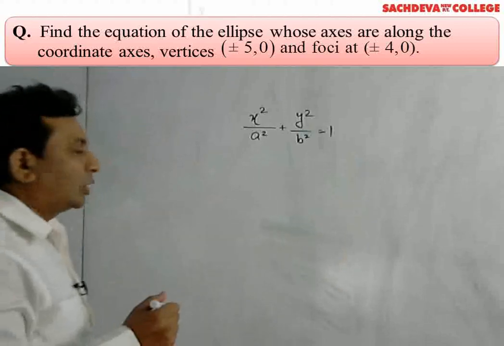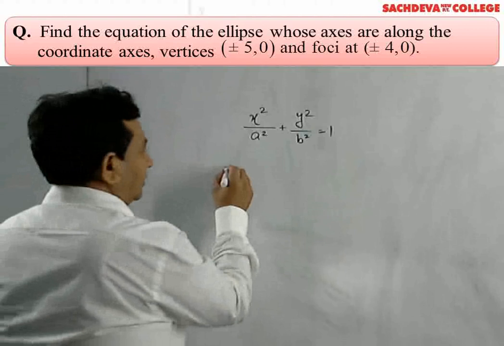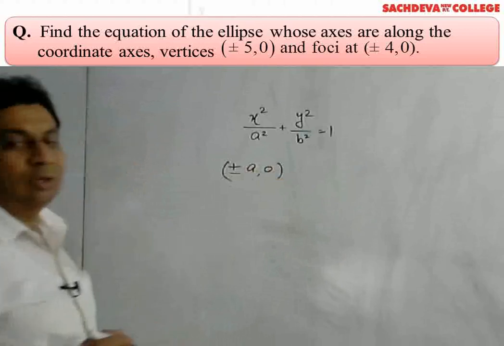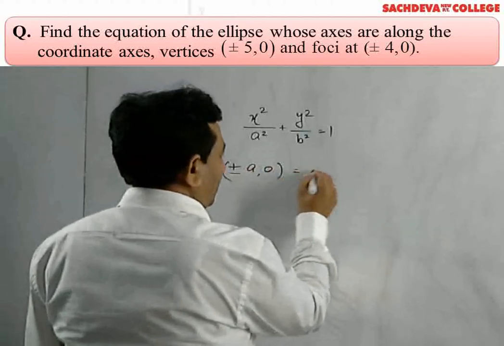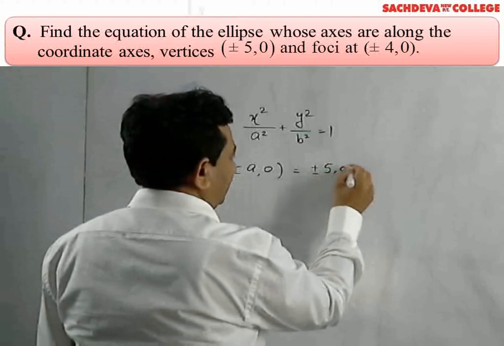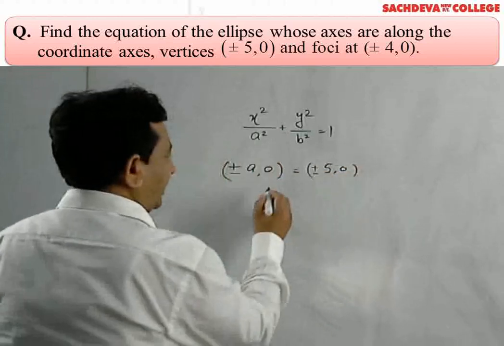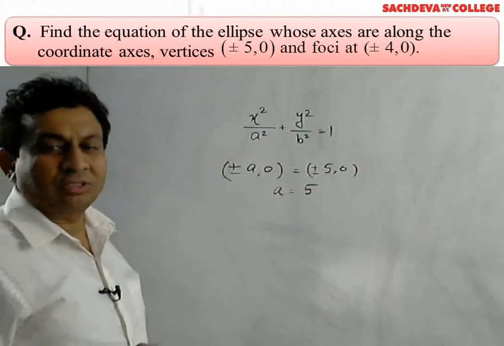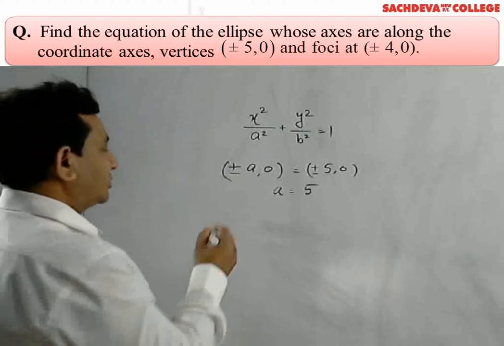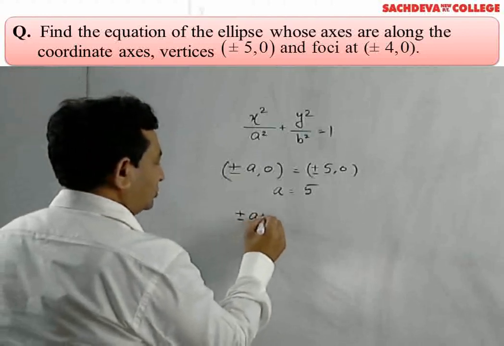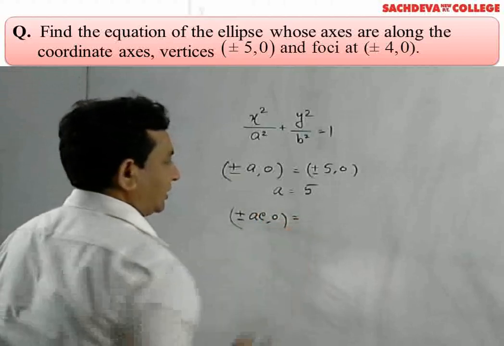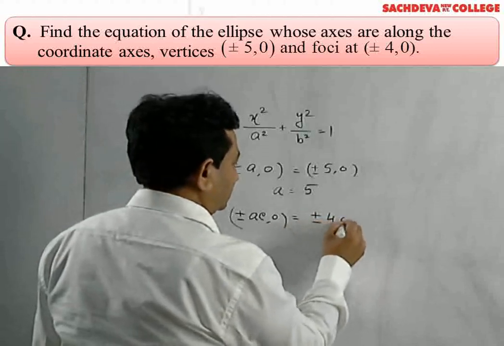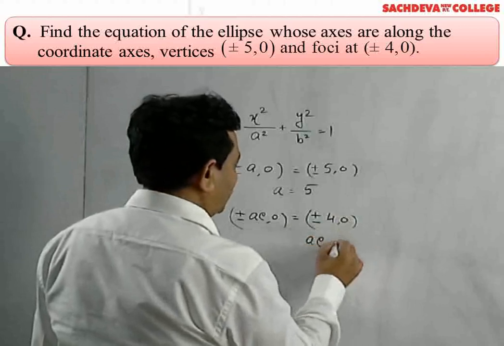In this case, coordinates of vertices will be plus minus a, 0, but given that coordinates of vertices is plus minus 5, 0, so if you compare, then you find a is equal to 5. Given that coordinates of focus is plus minus 4, 0, but in this case coordinates of focus is plus minus ae, 0, it means ae is equal to 4.